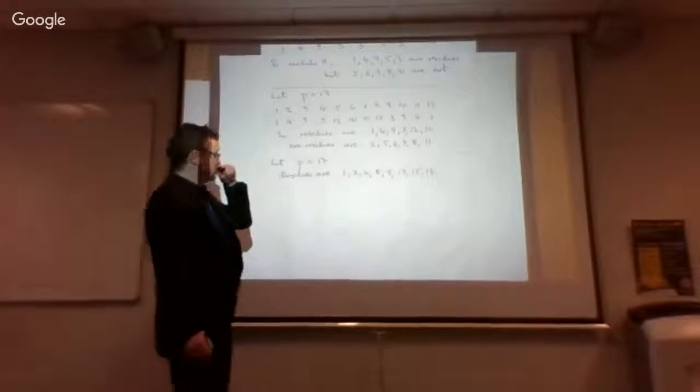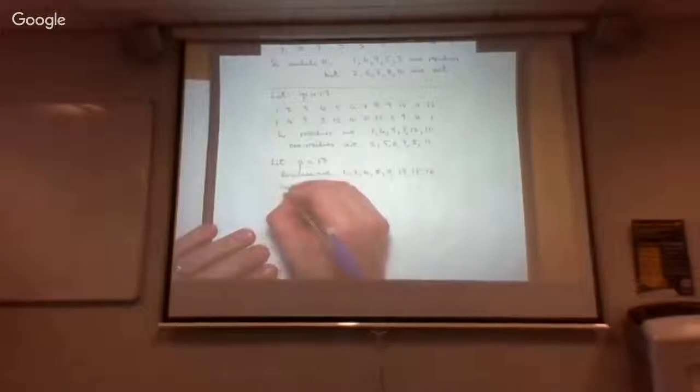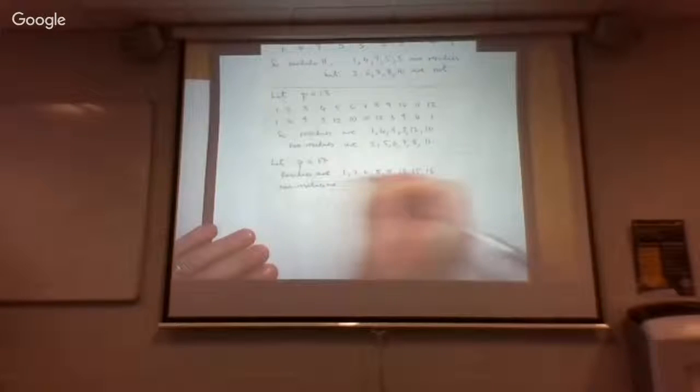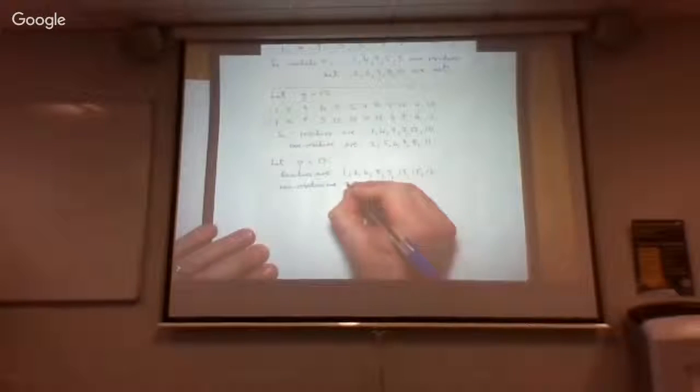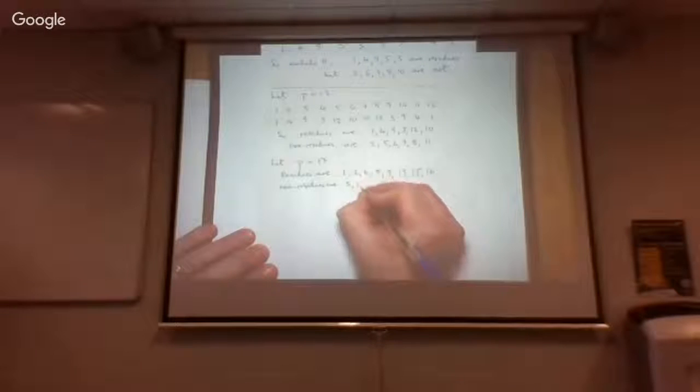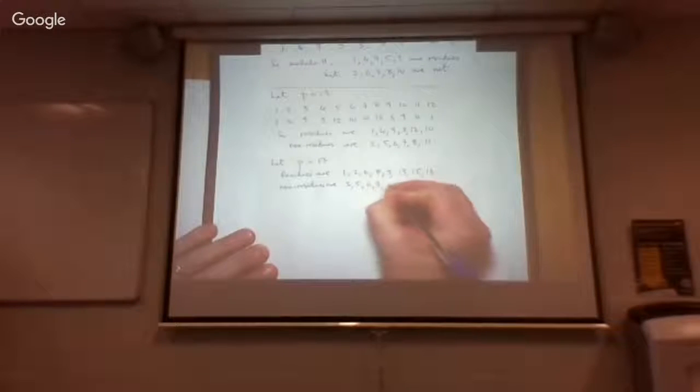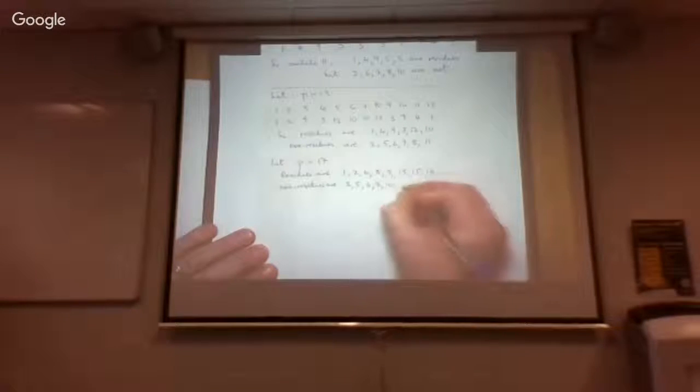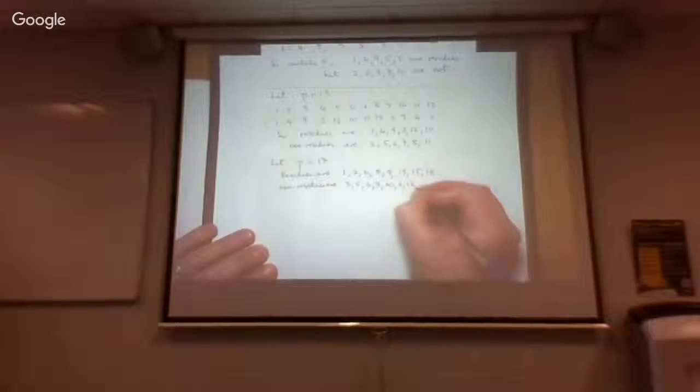So we expect to see 1, 4, 9, and 16 because they're square integers. The other ones crop up there. And the non-residues are all the other ones. So non-residues are the remaining ones: 3, 5, 6, 7, 10, 11, 12.